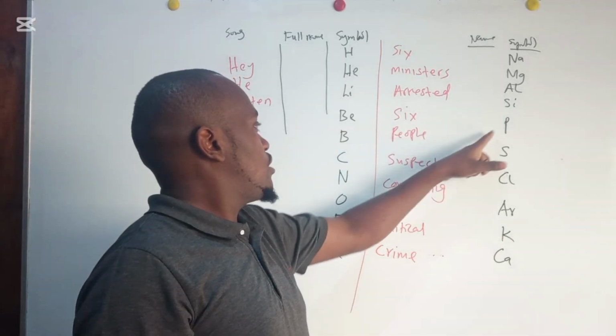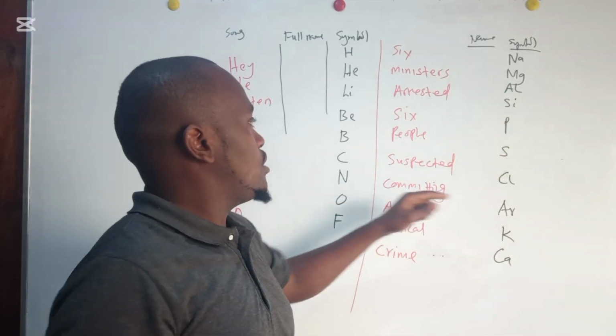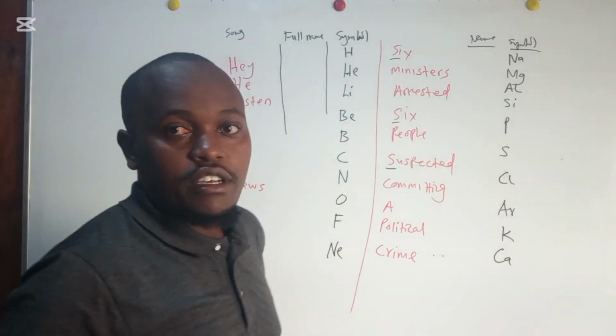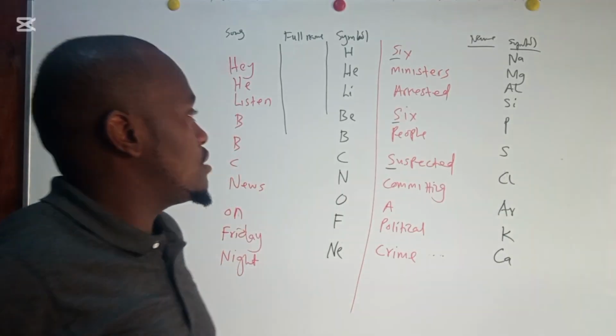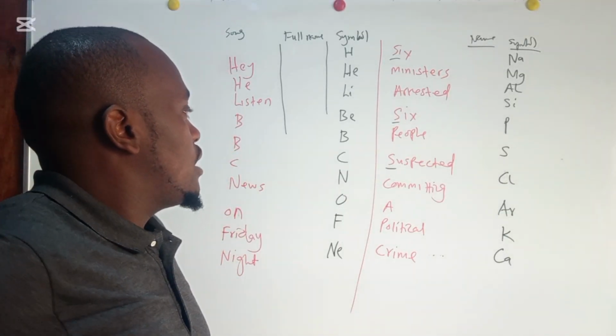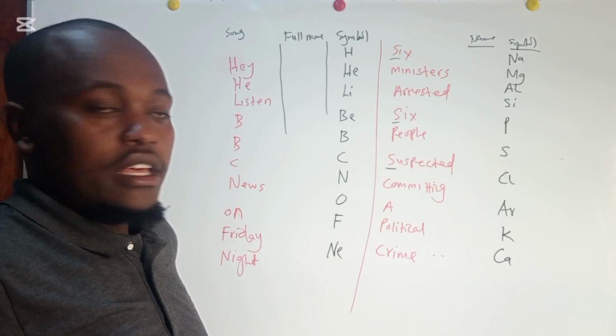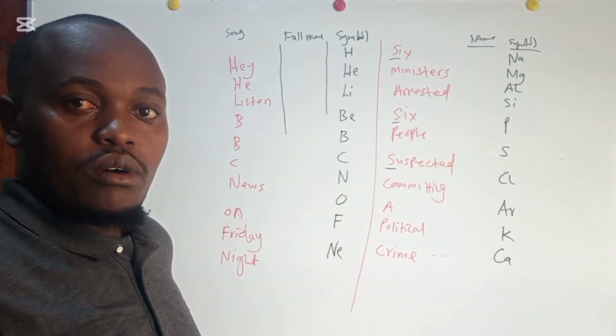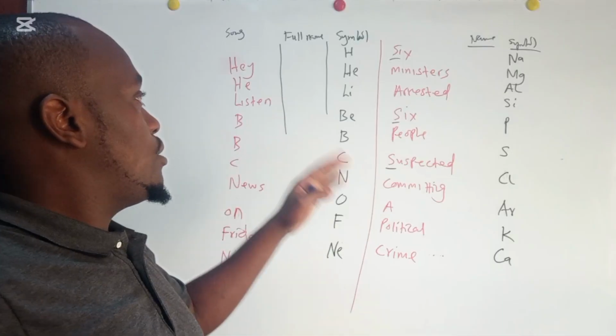This is phosphorus. This is sulfur. When you have several S, the first one is sodium, the second one is silicon, and lastly we have sulfur. When you draw the periodic table again, you are going to understand even better why these elements fall where they do.